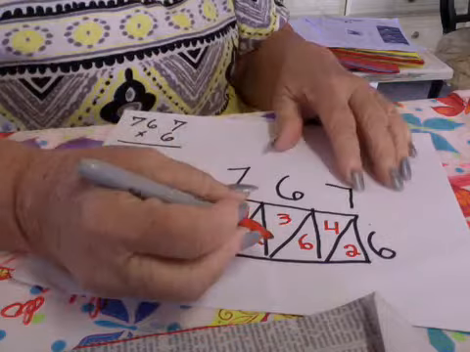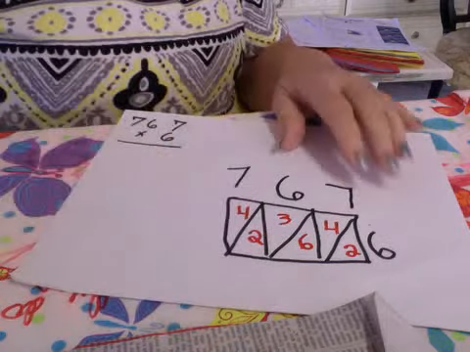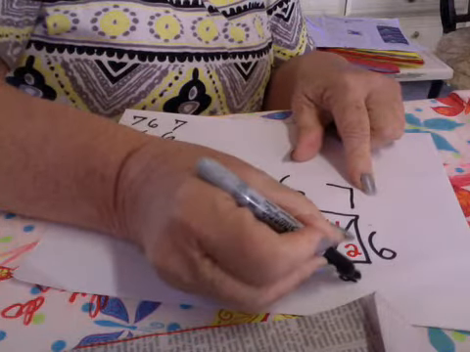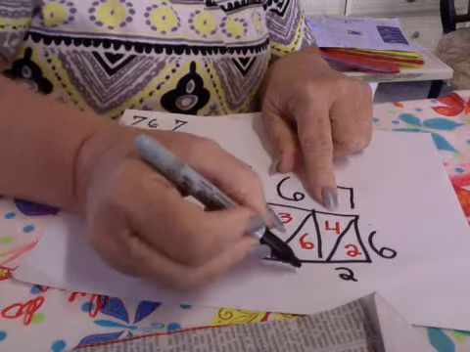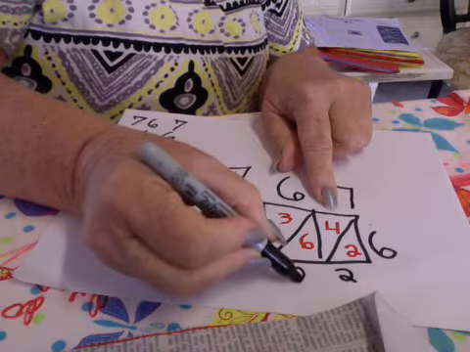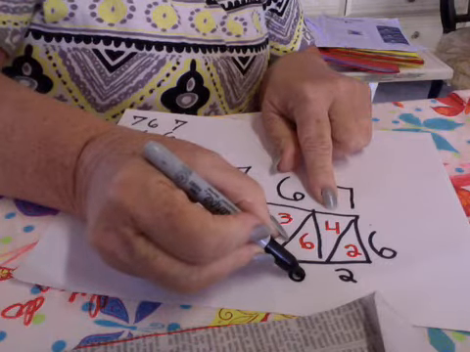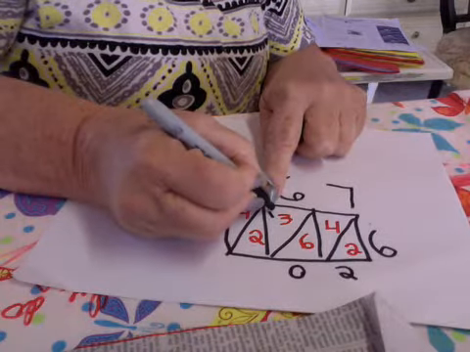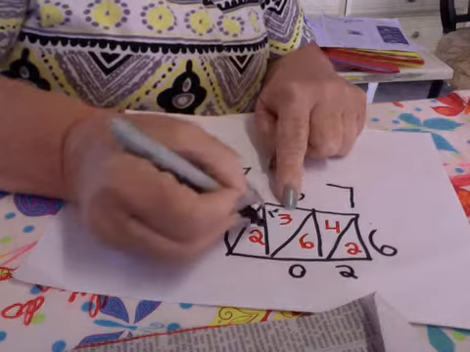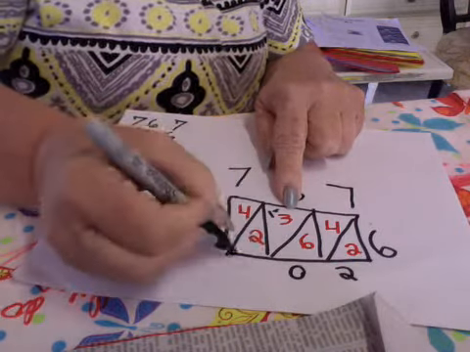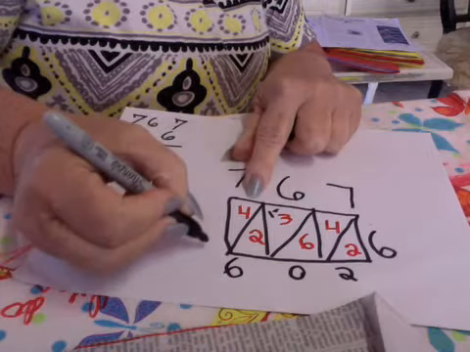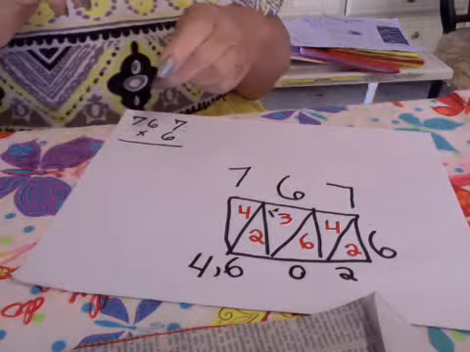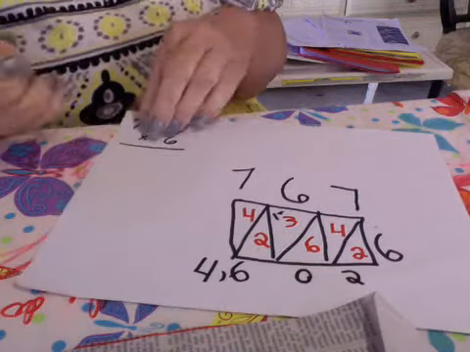Okay, now let's add down. 2, 4, 6, 10. 10. I put that over here, so that I have 4 and 2 is 6 and 4. Okay. 4,602.